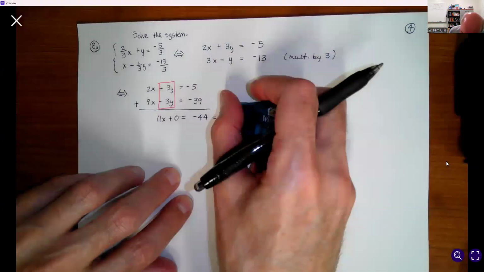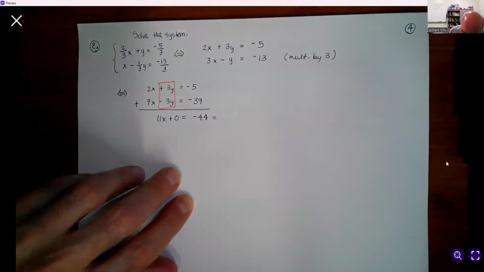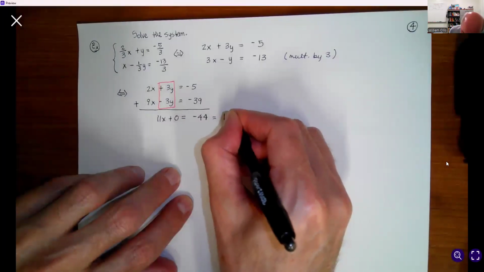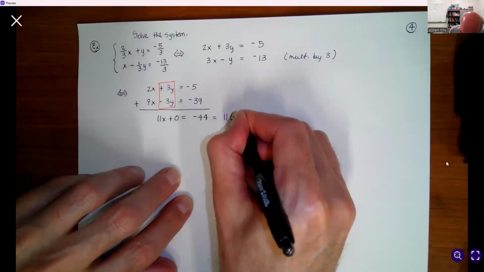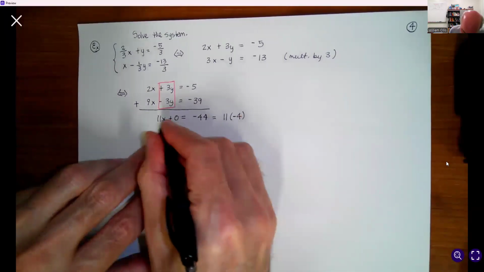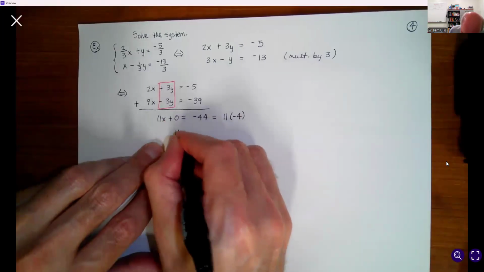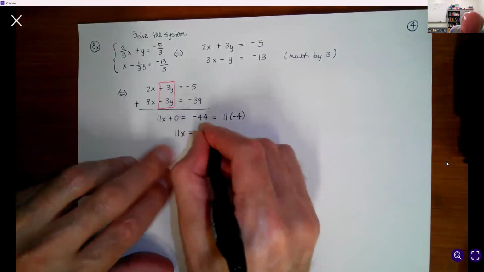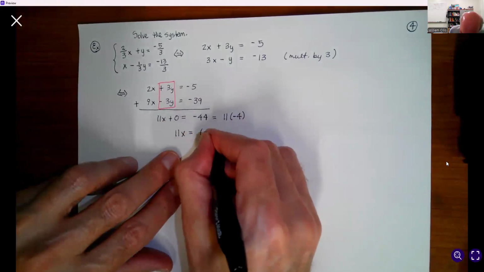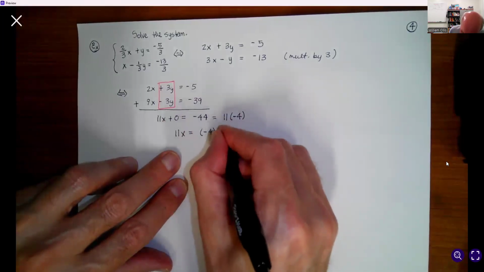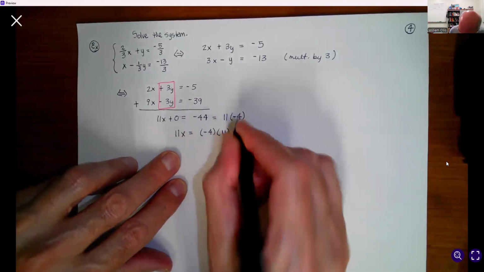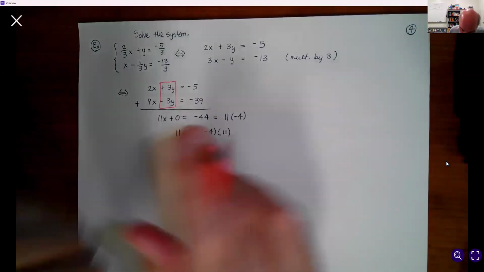This will be 11 times a negative 4. So, of course, 0 plus 11x is 11x. And now I'm going to do the negative 4 first, and then times the 11. So now, of course, the 11's absorb.